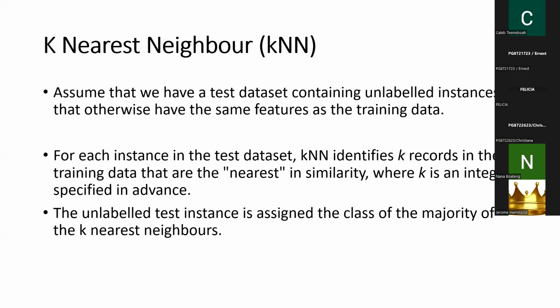K is the number of objects in a particular neighborhood. When it wants to do a classification, the objects in that neighborhood vote, and the one with the majority of votes determines the classification.